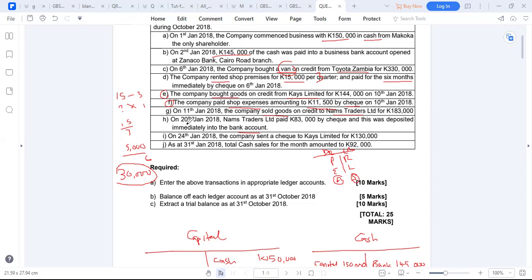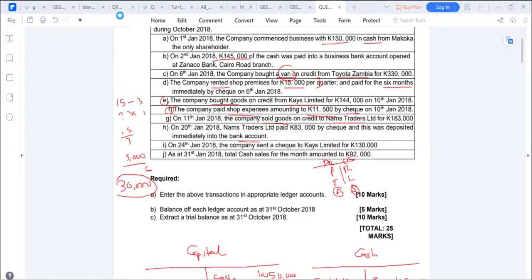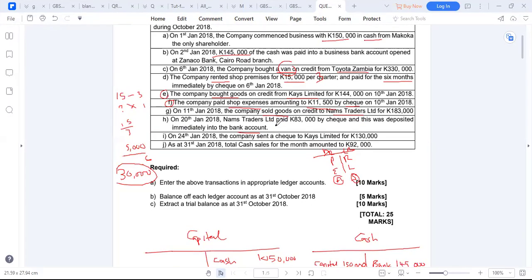The gents, transaction H. Okay, ladies, take it up. Let me try.